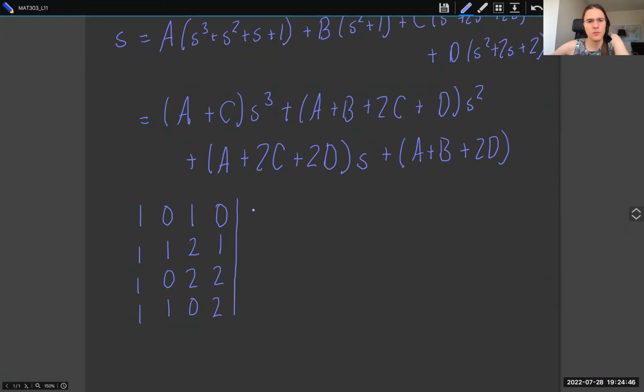This is S cubed. This is S squared. This is S. This is 1.